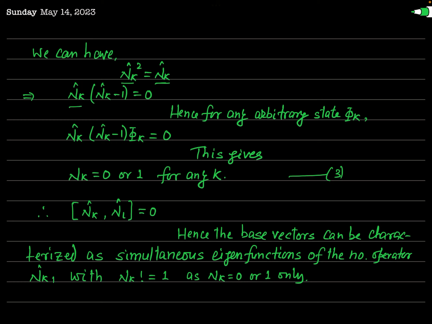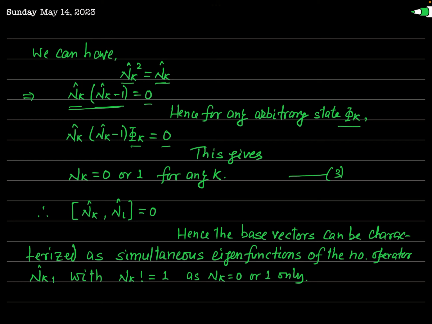This is n_k hat times (n_k hat minus 1) equal to 0. So if we consider any arbitrary state, let us say denoted by the symbol phi_k, and we operate this operator n_k hat times (n_k hat minus 1) on this phi_k, the result will be simply 0.